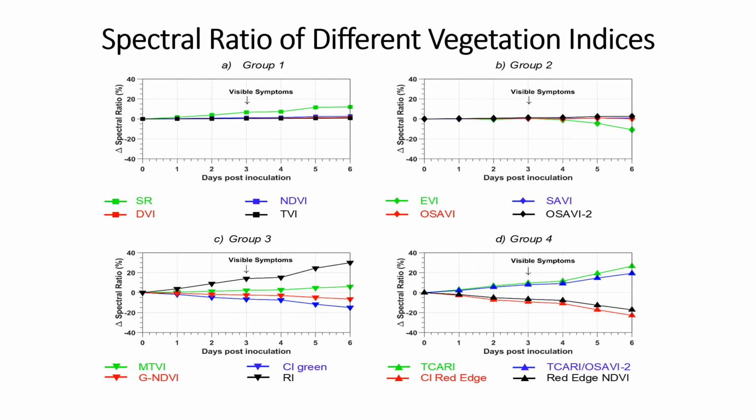We can see that in group number 3 and group number 4 we have the better indices because these are the indices that are showing a higher variation regarding the day of inoculation. For example, the redness index in the group 3 days after inoculation has almost a 20% difference with respect to the day 0.